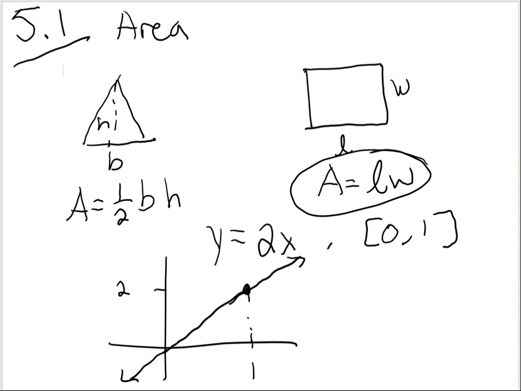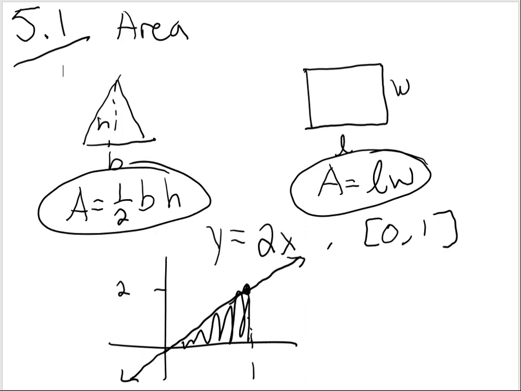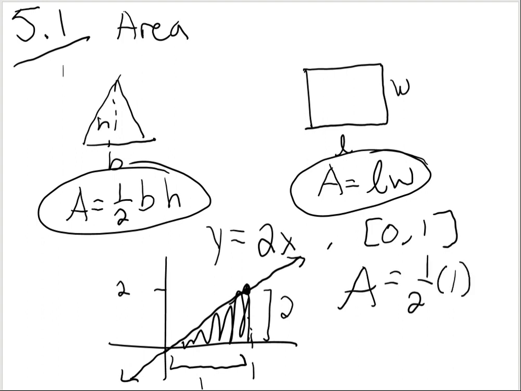So that is between x value 0, x value 1, this area. Well, that's just a triangle. Its base is going to be this, so that's 1, and its height is 2. So my area here is going to be half base times height, or just 1. Still, that's straightforward enough.